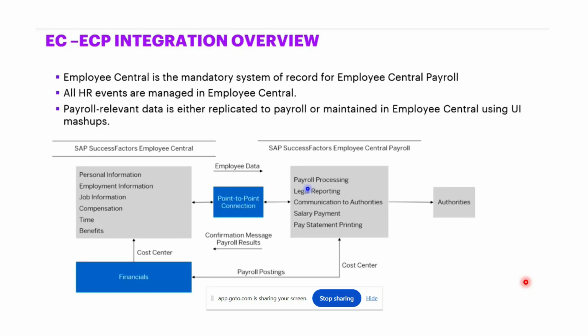Okay. Now, for EC payroll, there are few systems involved. The source system for EC payroll, this is a payroll solution, as you know very well, but the source system, meaning the master data system of source, is always SuccessFactors Employee Central.